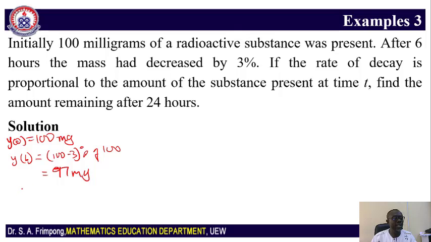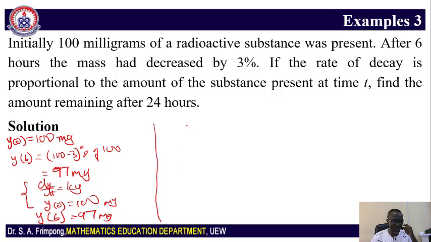So the model we know is dy/dt equal to ky, and y of 0 is 100, and we have been told that y of 6 is 97 milligrams. So this is the information we have in the question.